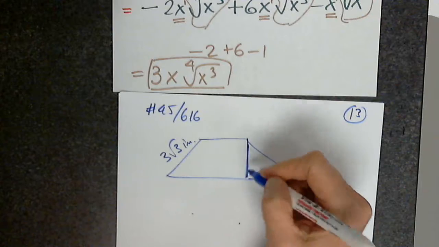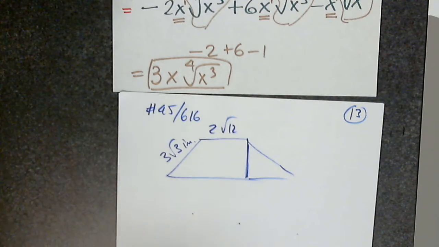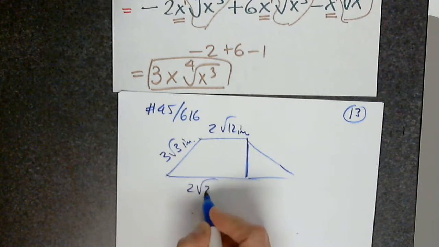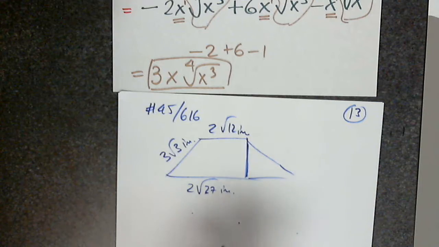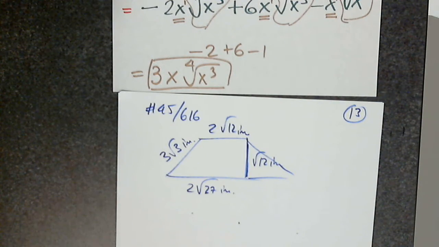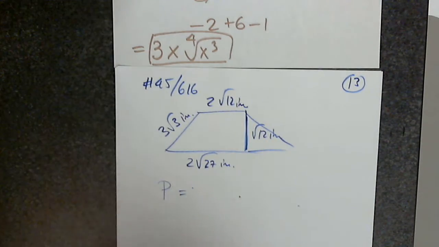Oh, it's a right trapezoid. 2, the square root of 12, it doesn't matter, inches, and 2, the square root of 27 inches, and the square root of 12 inches. They're asking us to find the perimeter of this figure.